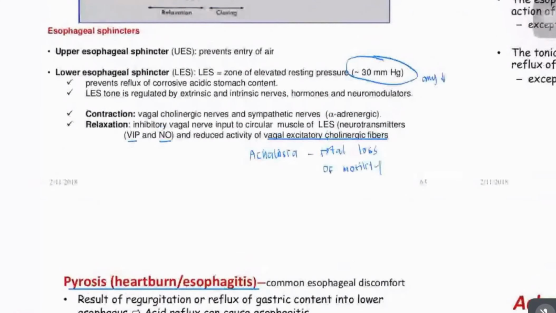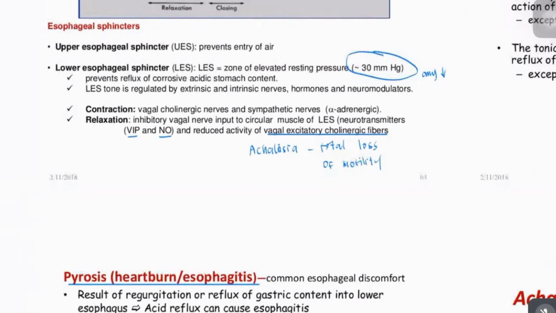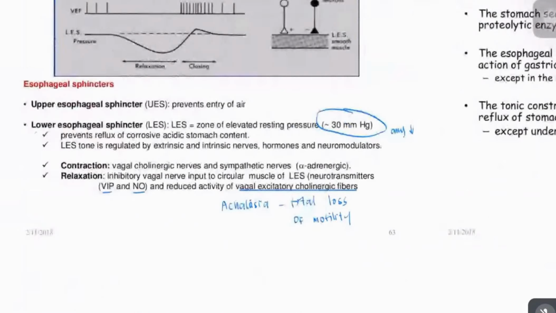Contraction is by your vagal cholinergic nerves and sympathetic nerves, your alpha-adrenergic. Relaxation is by inhibitory vagal nerve input to your circular muscle of your LES, with neurotransmitters VIP and or nitric oxide. VIP is your vasoactive intestinal peptide.